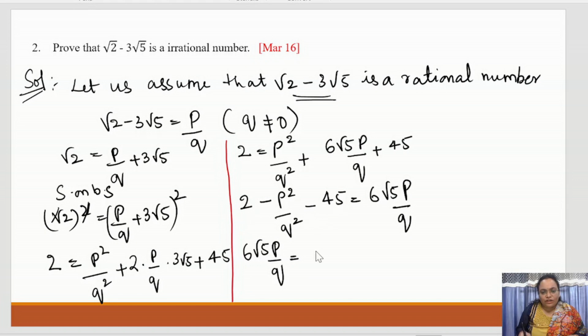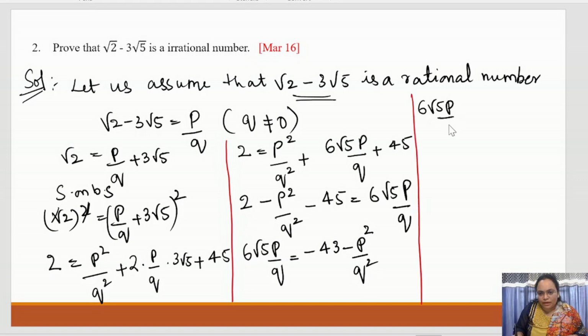6 root 5 p by q is equal to, 2 minus 45 is minus 43, minus p square by q square. If we take the LCM here, this will be minus 43 q square minus p square by q square.